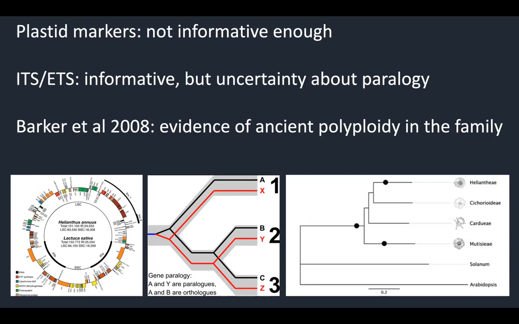And so plastid not being informative enough, coupled with the probably rapid radiation of the family and polyploidy, really made it challenging to resolve evolutionary relationships in Asteraceae.